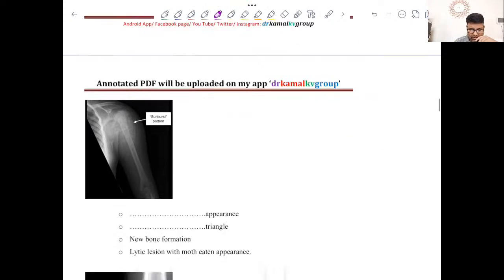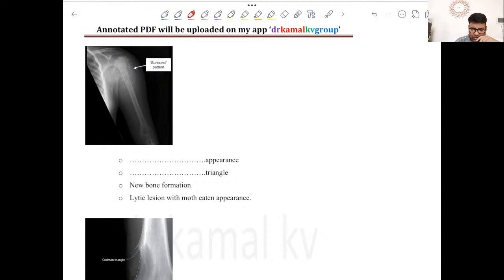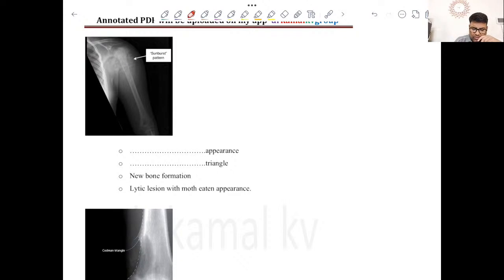Now the X-ray, I think pretty clear, two terms. One is of course the sunray appearance, or at times you might have the sunburst appearance. The second is the Codman's triangle.